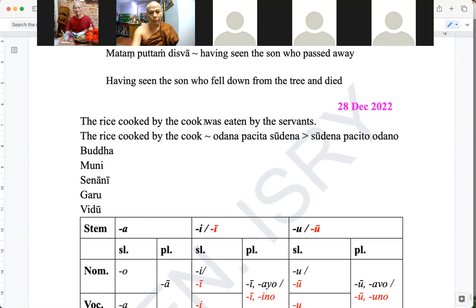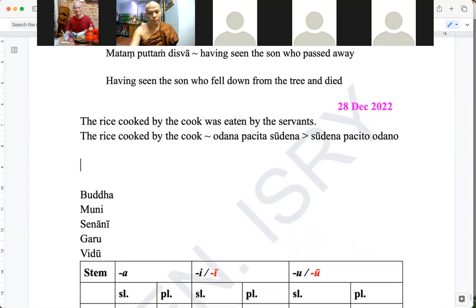And then the next phrase is "was eaten". Eaten means, from bhunjati, that is bhutta. That is the subject complement or predicate, so it should be placed correctly.